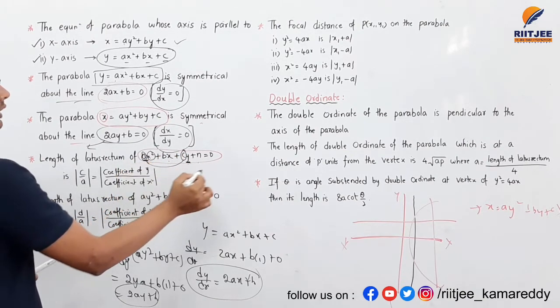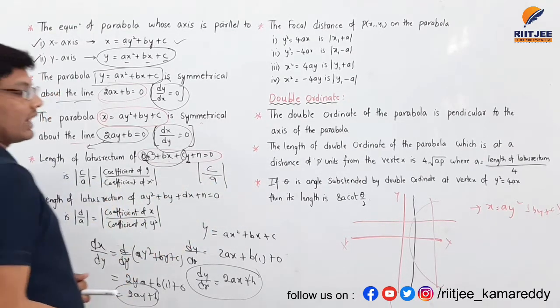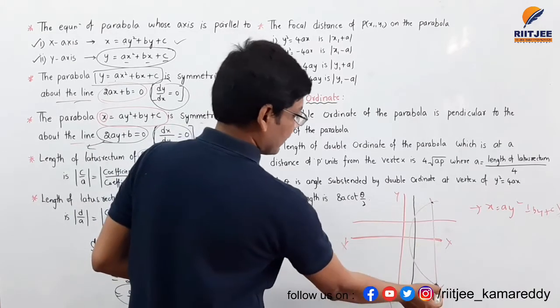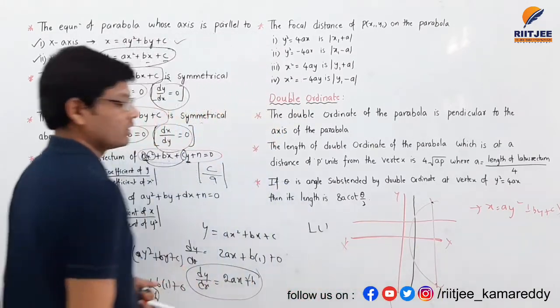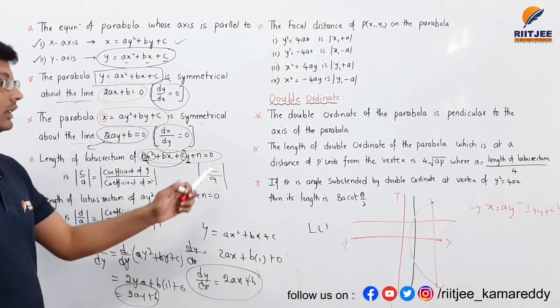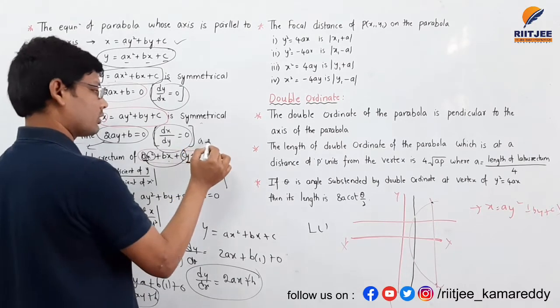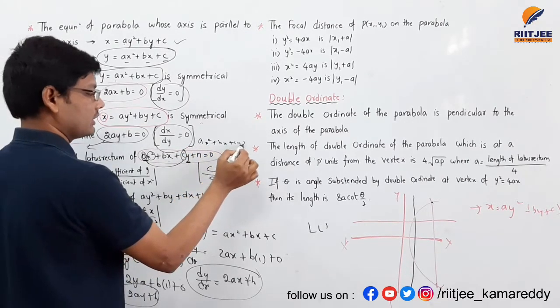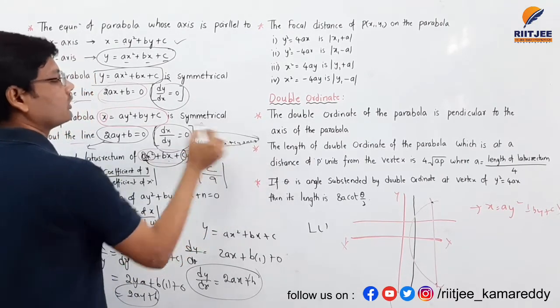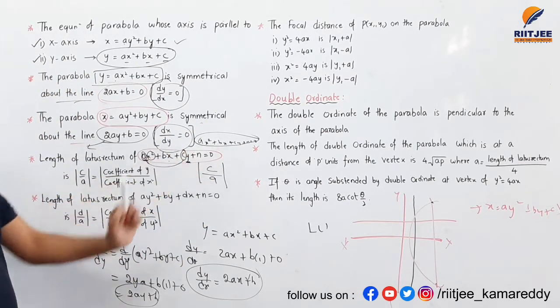This is the length of the latus rectum, L dash. If you want to find L dash, that is the formula when the equation is in the form a x square plus b x plus c y plus n is equal to 0. This is the length of the latus rectum formula for this form of parabola equation.